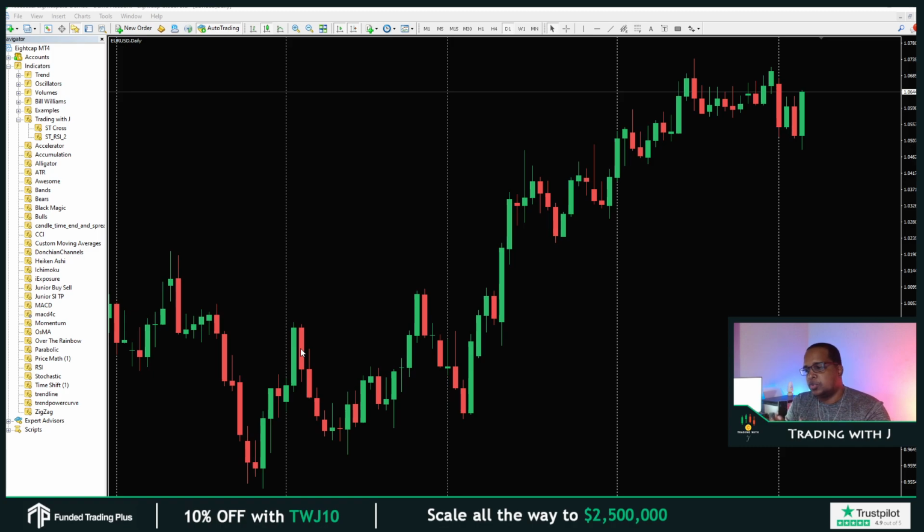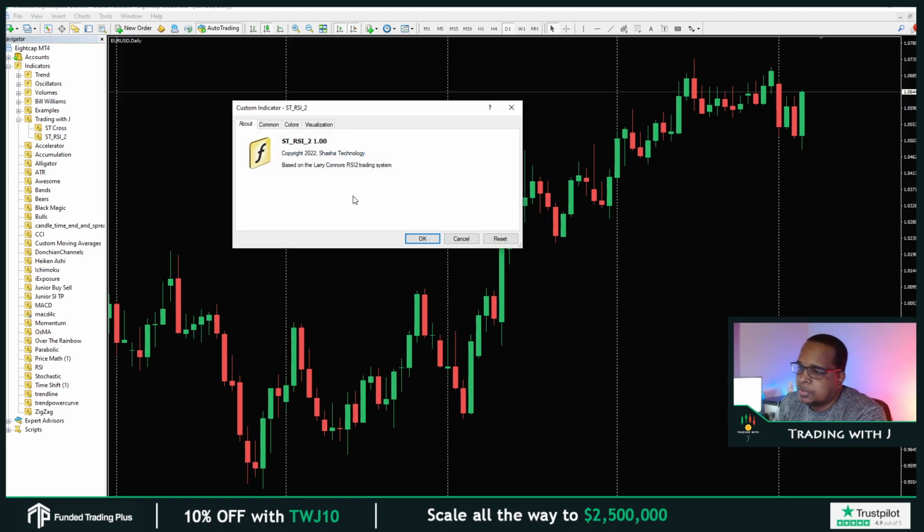So let me just load it onto the charts and you could get an example of some trades. So here we are on the euro dollar on the daily chart. If we load the indicator, in the about section you could click right here, which is Shasha Technology, that is my business, and you could head across to the MQL5 marketplace to see this and other indicators and experts that I have uploaded.